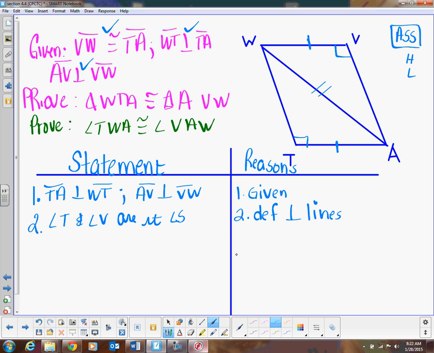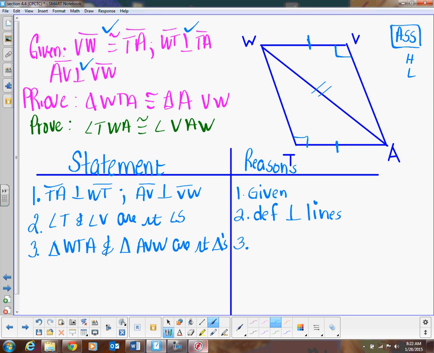All right, so now, we did this. If you have right angles, what type of triangles do we have? Right triangles. So now we're going to say triangle WTA and triangle AVW are right triangles. All right, and how do we know that? No, hypotenuse leg is going to be triangle congruent to triangle.